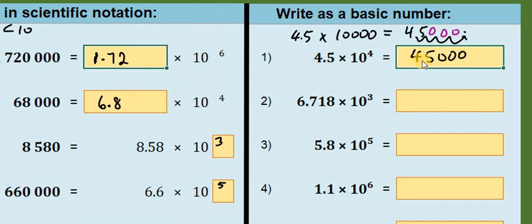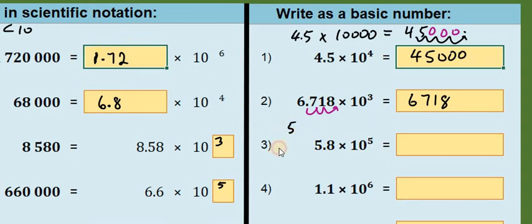Alright, so think of it again. The point is here. Move once, twice, 3, 4 times. 45,000. Now 6.718 times 10 to the third power. Again, we need to shift the point 1, 2, 3 places to the right. And so that will give us 6,718.